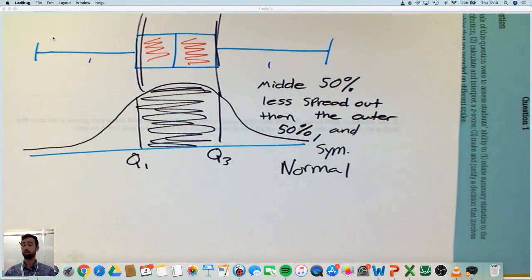Okay, so definitely check out box plots, histograms.